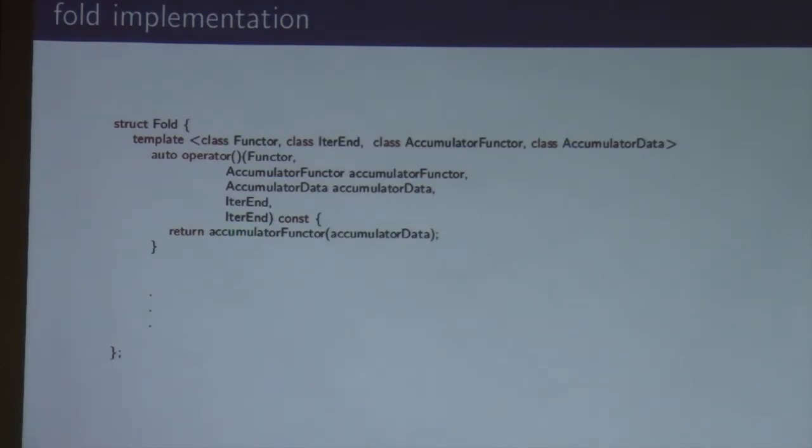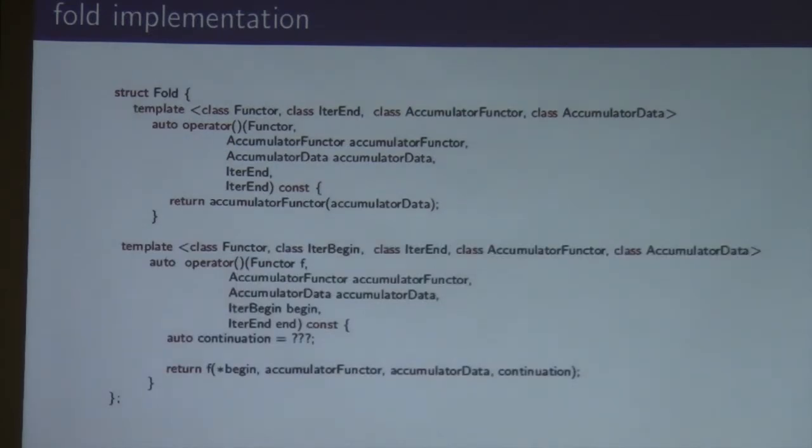And there is another case, when the collection is not empty, so we still run our functor providing the first element of the sequence, the current accumulator functor, and the current accumulator data. And this functor is supposed to return new accumulator data and new accumulator functor, but it cannot do it directly because of this problem with types.